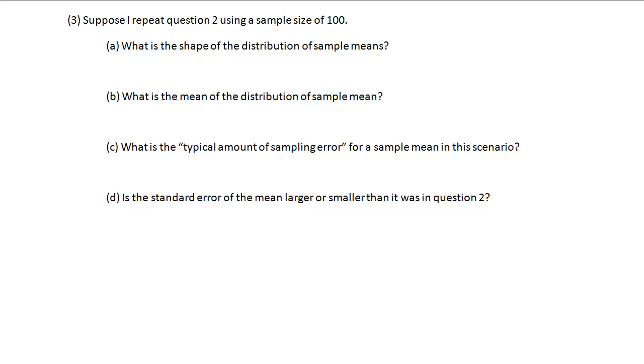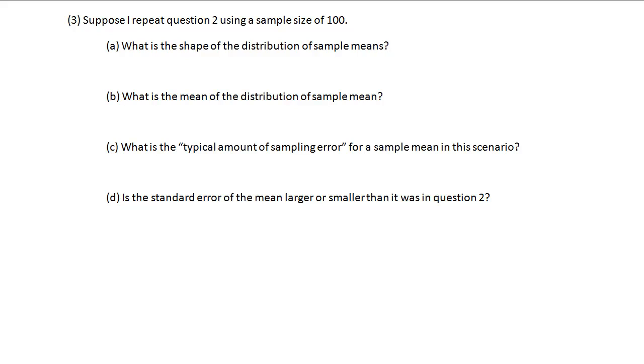Okay, problem number 3. Suppose I repeat question 2 using a sample size of 100. What's the shape of the distribution of sample means? For 2 reasons it's normal. Because in the previous example the population was normally distributed, so of course it's normal.